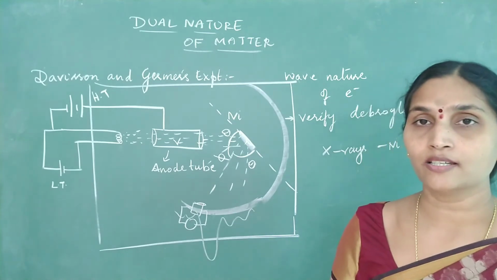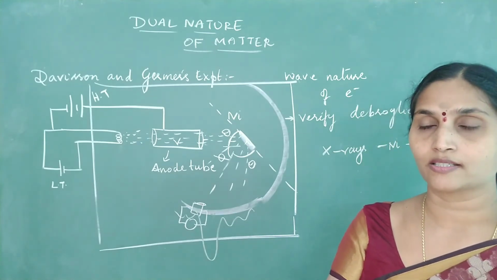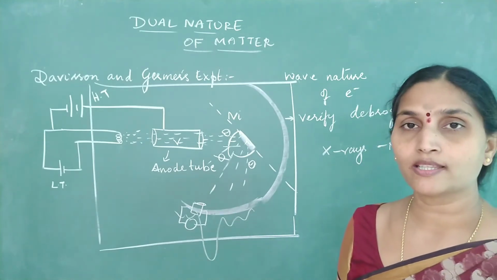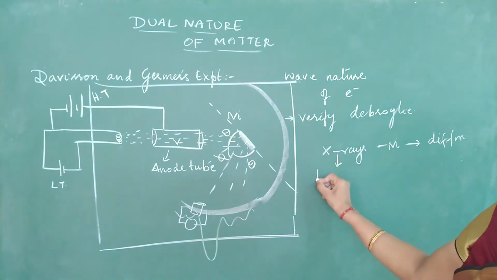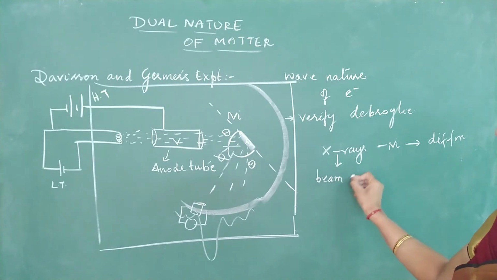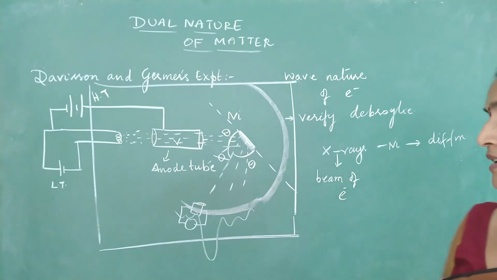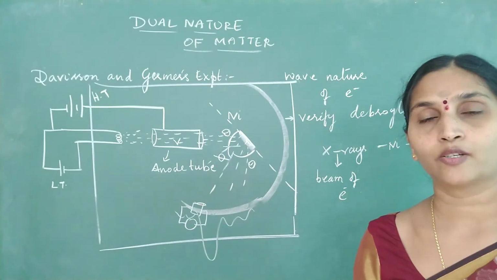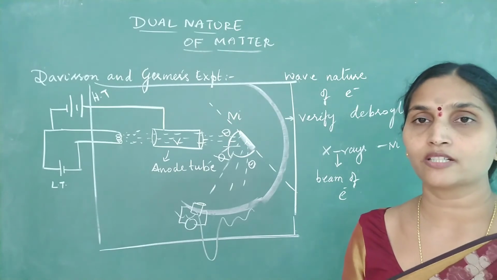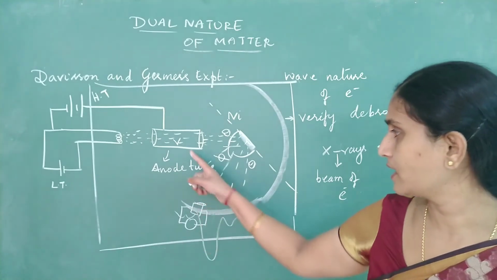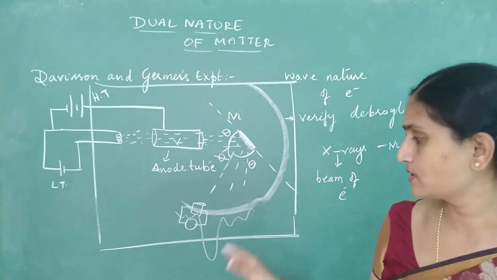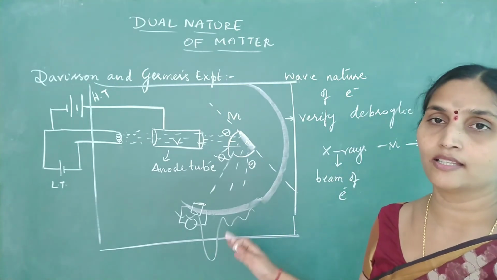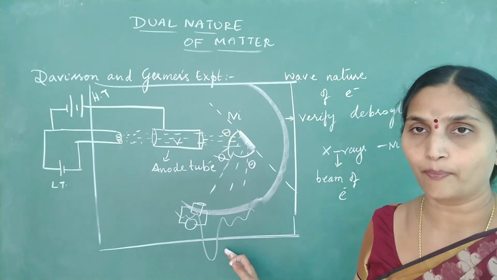This is called crystal diffraction. In this particular experiment, they replaced the X-rays with a beam of electrons. We know X-rays are electromagnetic radiation, they have wave nature, so they show the diffraction phenomenon after falling on the nickel crystal. Between the two layers of the crystal, they undergo interference, and the result is a diffraction pattern.